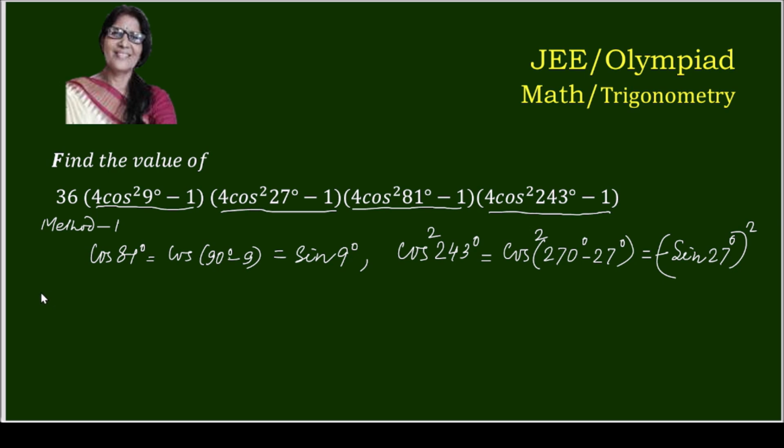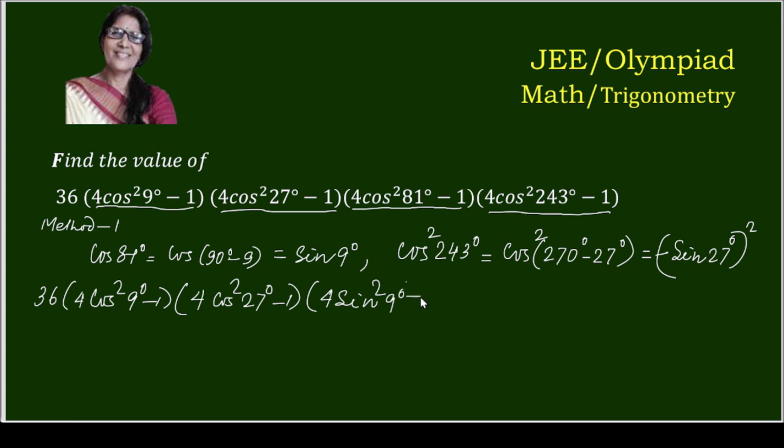So rewriting this expression, I'll write 36 times 4 cos square 9 degree minus 1 into 4 cos square 27 degree minus 1 multiplied by 4 sine square 9 degree minus 1 multiplied by 4 sine square 27 degree minus 1.